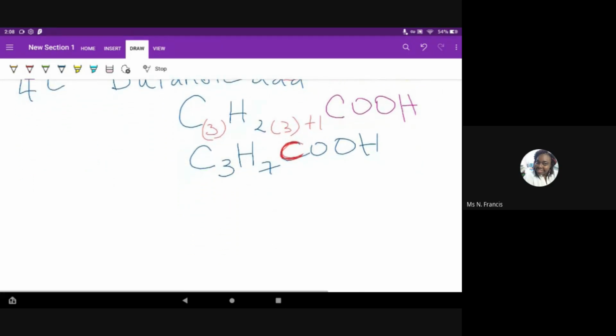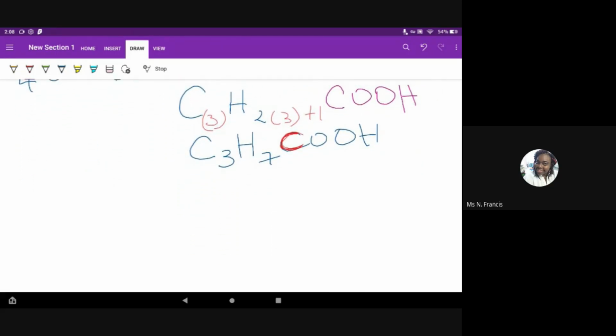If you're all right, and to prove it, don't write anything else. Remember, I'm going to give you the chance to write. To prove it, I'm going to draw it for you. So I'm going to look at my formula and I'm going to draw it based on my formula. So let's go with the structural.